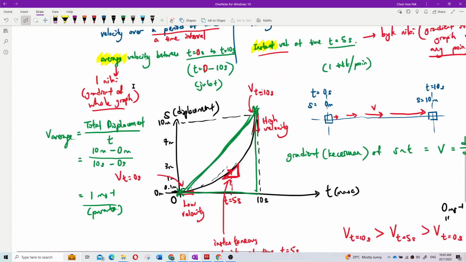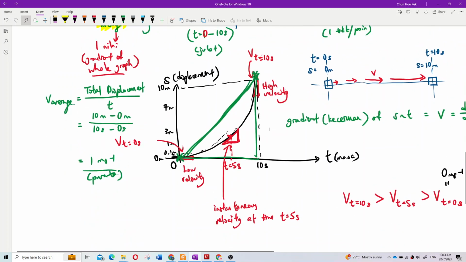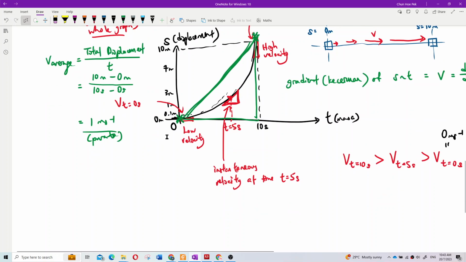Tengoklah, kalau you nak average velocity untuk keseluruhan masa, kita boleh juga cari average velocity from, let's say I just want this time interval from 2 second to maybe 7 second.